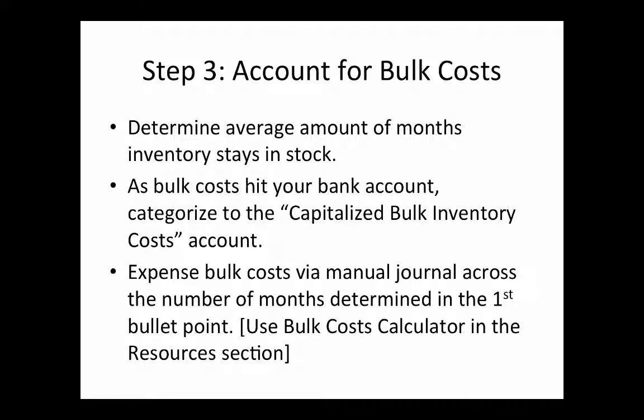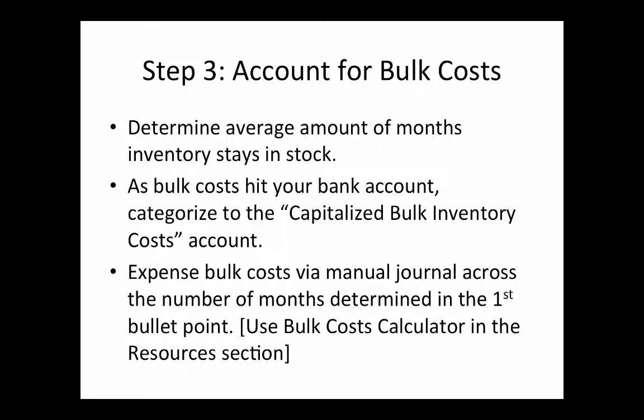Because whenever you start having multiple shipments that start landing in, you're going to have a lot of different average costs and it's going to drive you insane. So just treat these bulk costs separately and expense them out across the number of months that your inventory tends to stay in stock. I'm actually going to show you in a separate video what that manual journal looks like for the bulk costs.